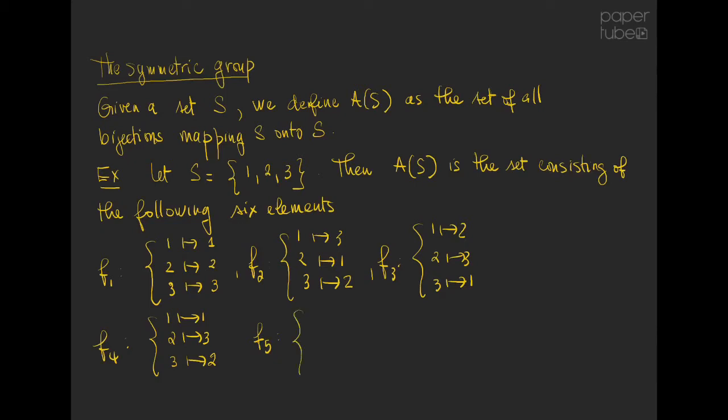F5: 1 goes to 3, 2 goes to 2, and 3 goes to 1. F6: 1 goes to 2, 2 goes to 1, and 3 goes to 3. So you can see that we have 6 elements, and if you try to find any other bijection mapping the set S onto itself, you'll see that it has to be one of these elements.